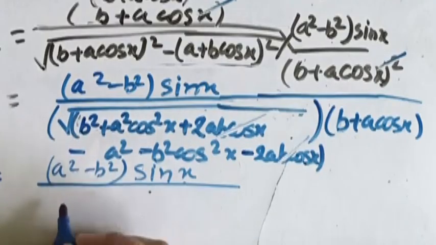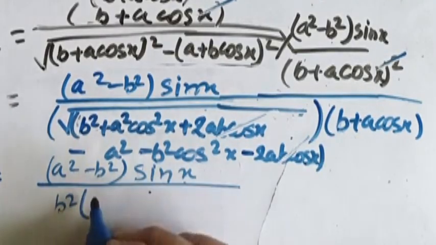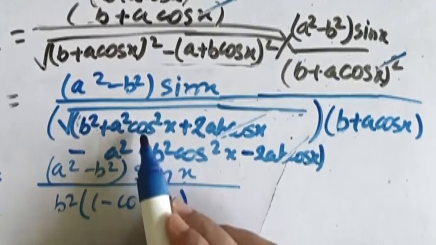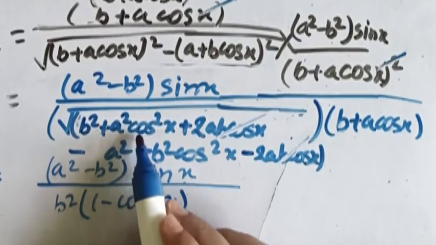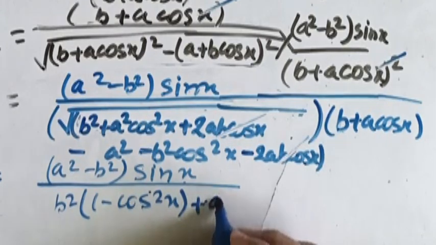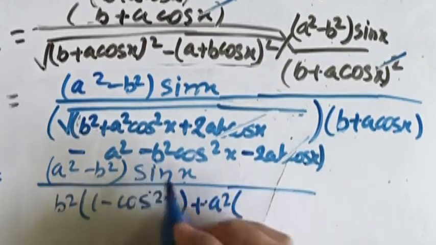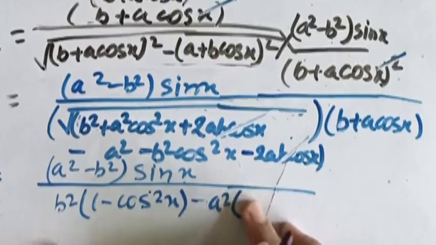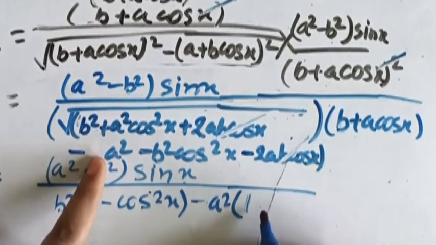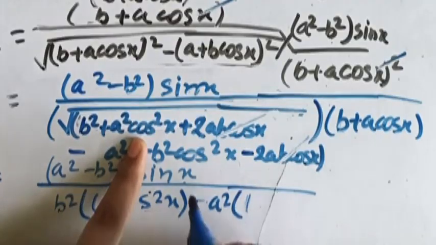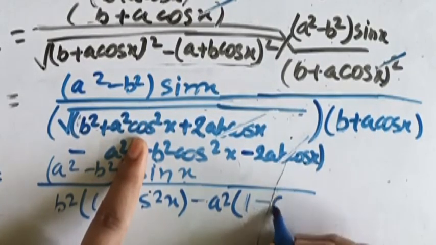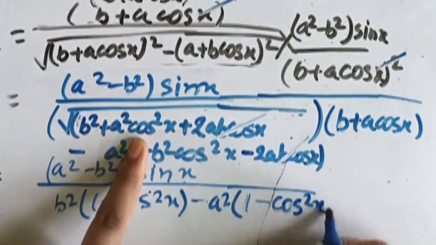From these two terms we can take b square as common, then we are left with 1 minus cos square x, correct? And from a square cos square x and minus a square, minus a square is common, so it will become 1 plus 1, and from here minus a square gets common, so plus will be minus, and it will become cos square x.